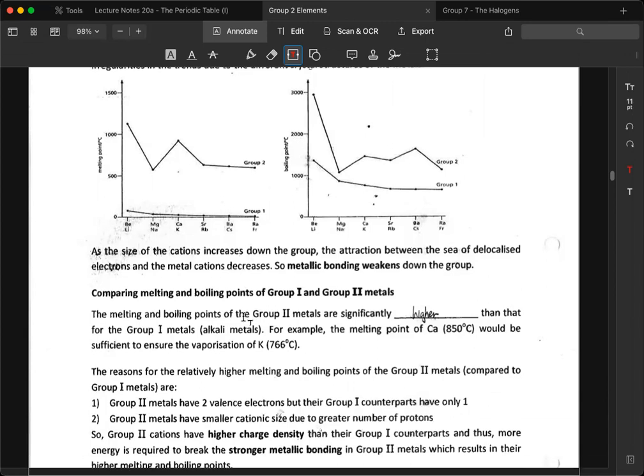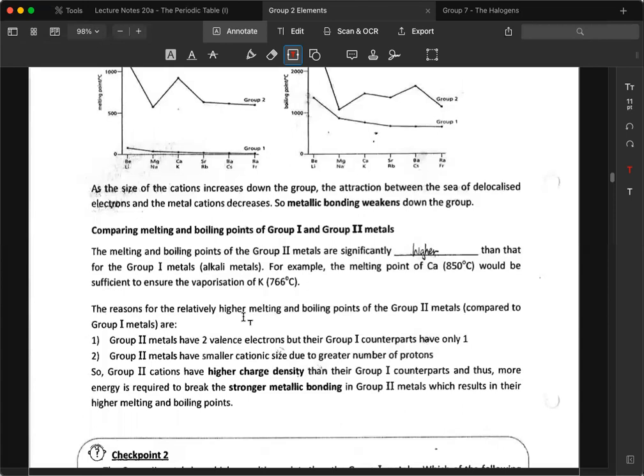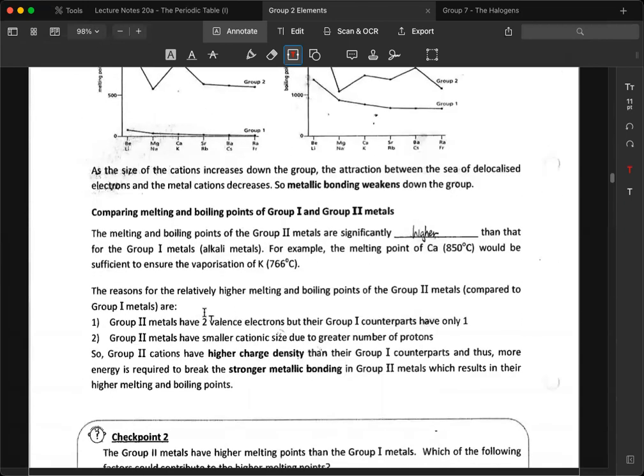Okay, so comparing with group 1s, the melting and boiling points of group 2 are significantly higher. The reason for this is that group 2 have 2 valence electrons, group 1 only have 1. Group 2 also has a smaller cation size, because across the period the size decreases: greater number of protons, greater effective nuclear charge, electrons are more strongly held by the nucleus, resulting in a smaller cation radius.